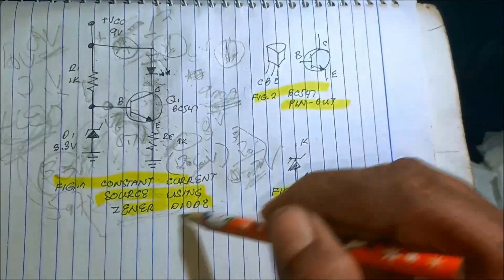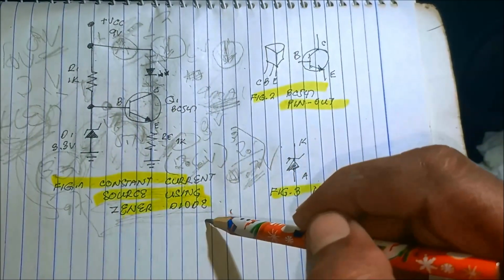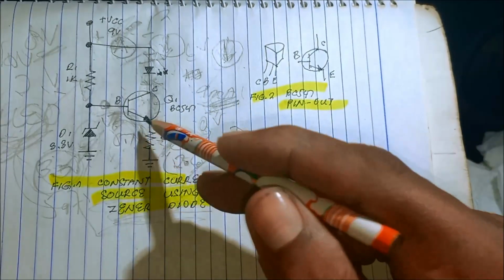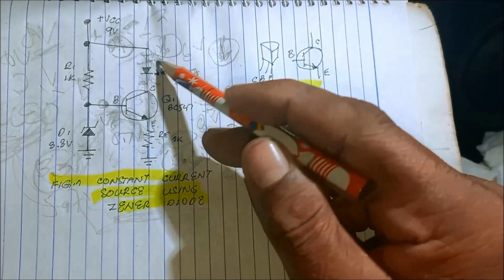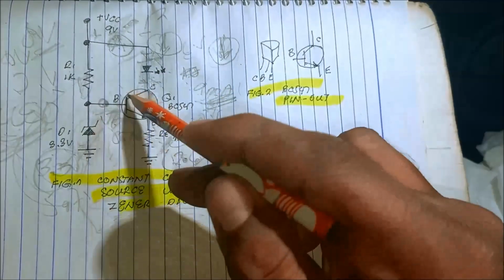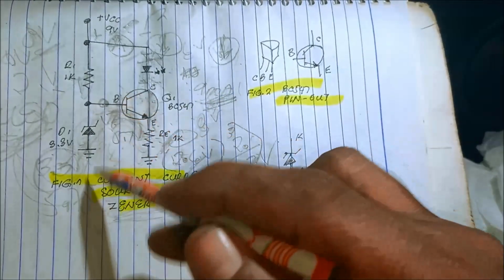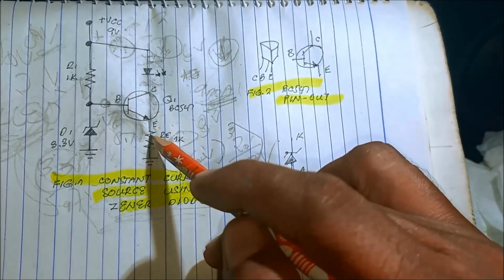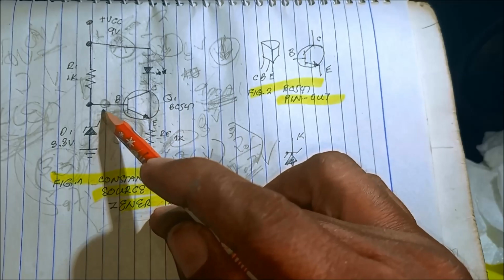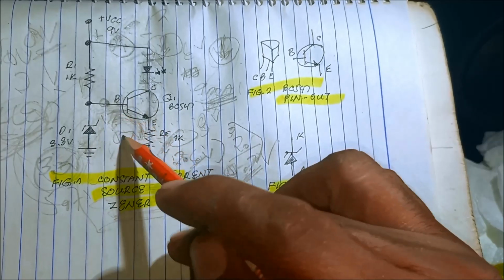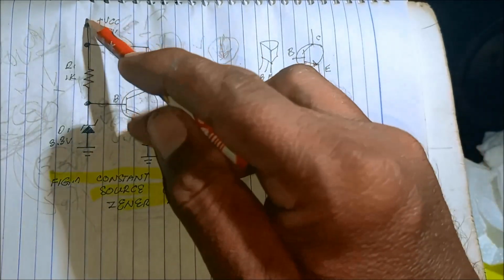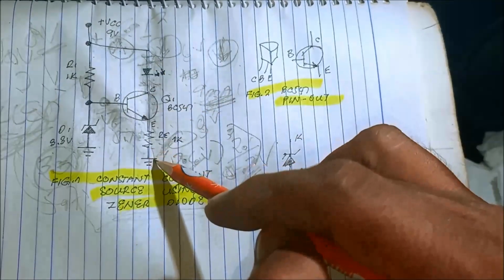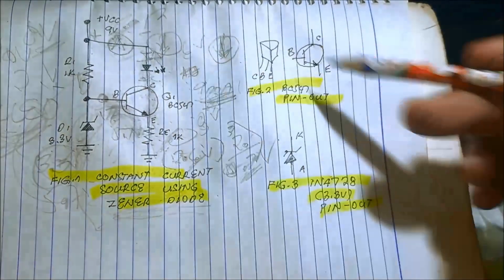So that is the use of this constant current source using a Zener diode. It will serve as the LED driver, the clamping diode to the biasing to the base of the transistor, making this transistor work. If the base to emitter has 0.7 volts, it will turn on the output side of the transistor, making the 3 LEDs turn on.